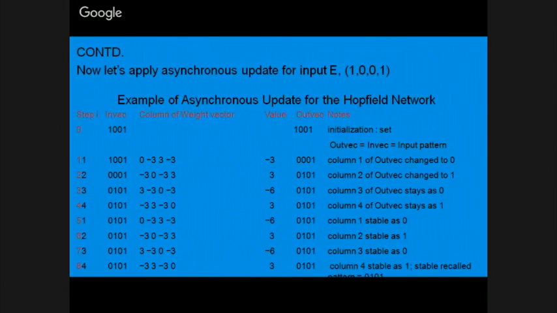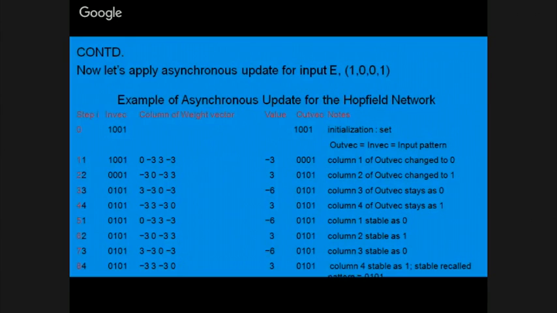The first column of the weight matrix is 0, minus 3, 3, minus 3, right? When we determine the dot product of this input vector and the first column of the weight matrix, what are we going to get? If we find the dot product of 1, 0, 0, 1 and 0, minus 3, 3, minus 3, we are going to get minus 3.